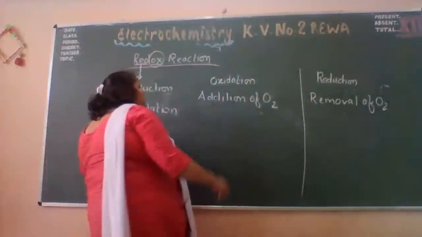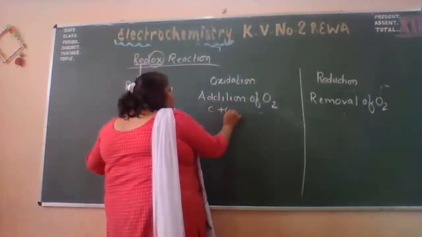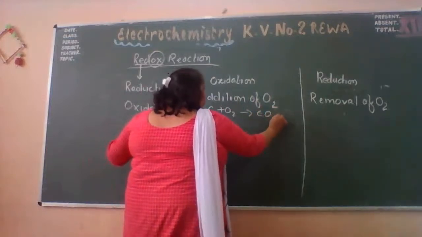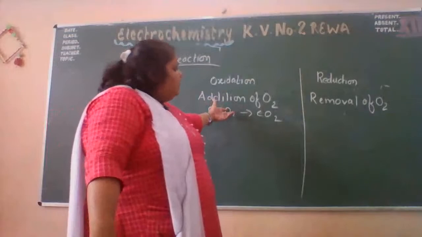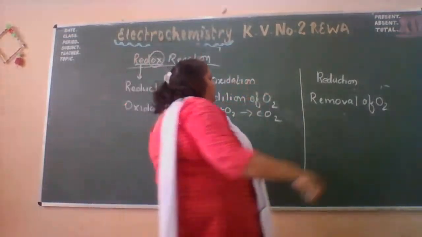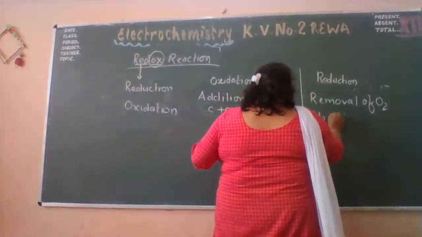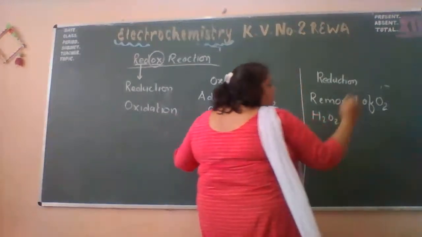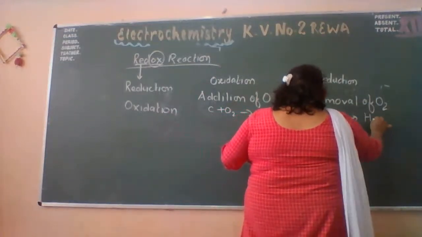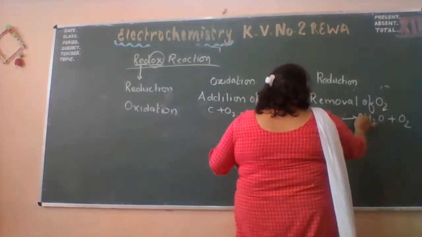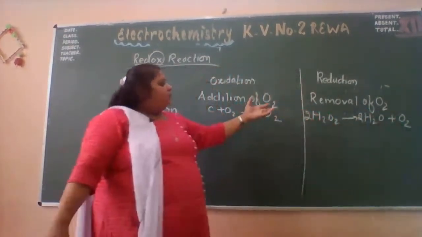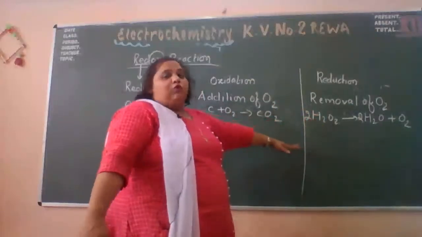Another very simple example you can see here: C plus O2 gives CO2. All combination reactions like this are basically oxidation reactions. One example I can take is H2O2, hydrogen peroxide. In this, water and oxygen are produced, so you see that oxygen is being removed.